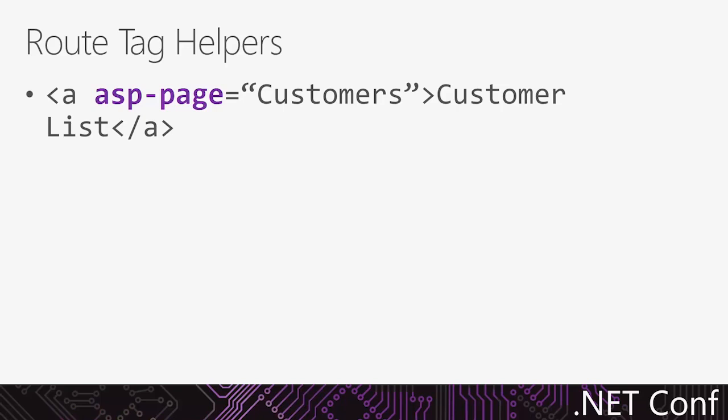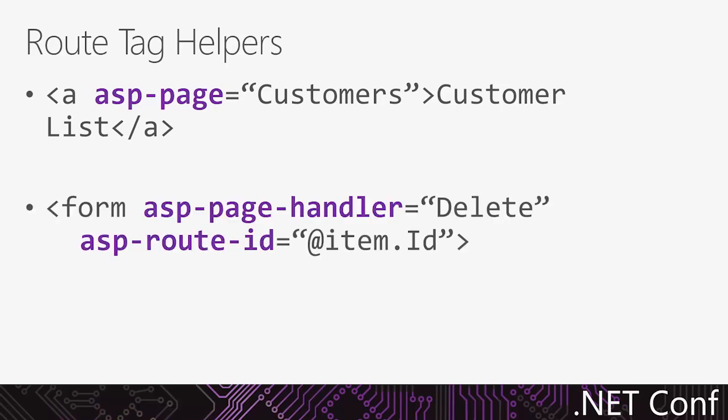Likewise, you can indicate a specific named handler that a form will submit to using the asp-page-handler tag helper. In the example shown here, you can see that this is going to use the delete handler for this form. So whether the form was using a method of get or a method of post, it's going to look for a handler named delete to handle this particular form.